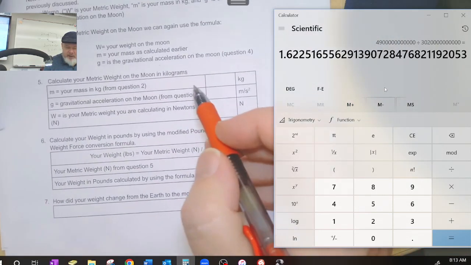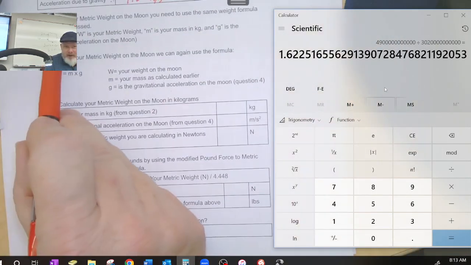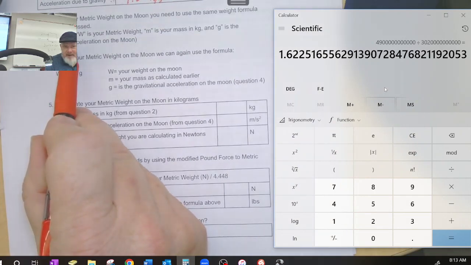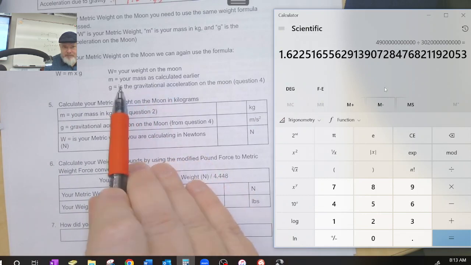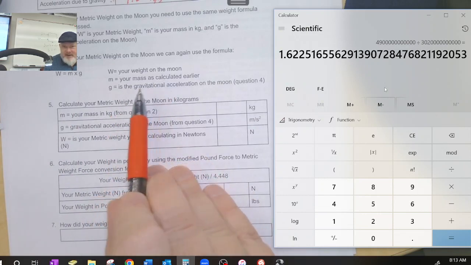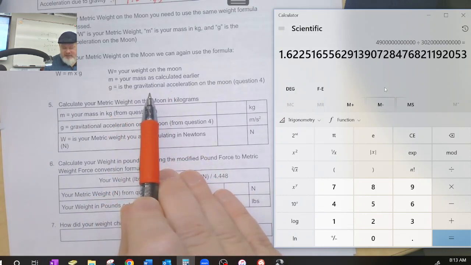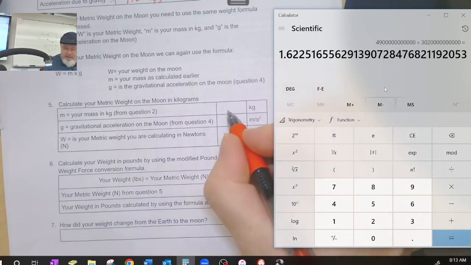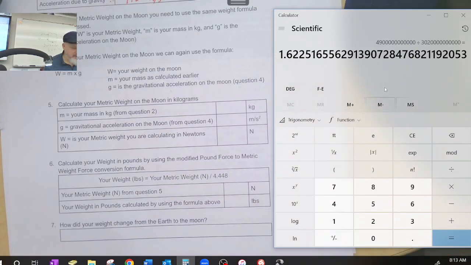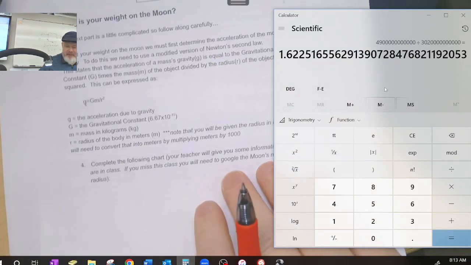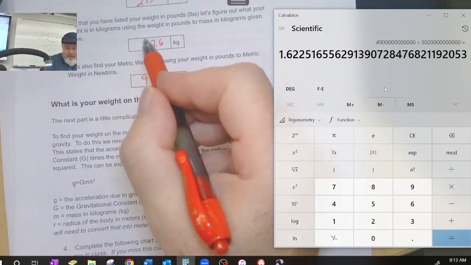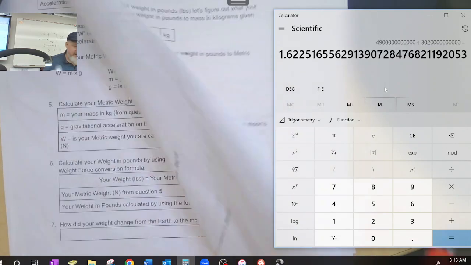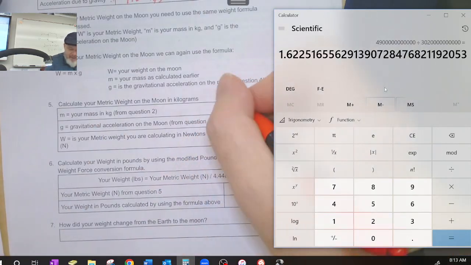Now we can go back to our weight formula. Weight equals mass times gravity. Remember that? Weight is your weight on the moon, mass is the mass that you calculated earlier, and g is your gravitational constant. So what was your mass in kilograms? Well, you figured that out right here. For me, my mass was 97.6. Everybody's going to have a different mass.